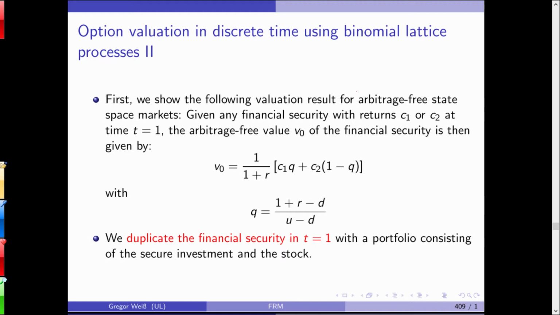What is this? Does anyone have an idea what this is? Yeah, risk-neutral pricing. Why is it risk-neutral pricing? What is risk-neutral pricing? Risk-neutral pricing is the basic idea in finance of how you would value any financial contract.